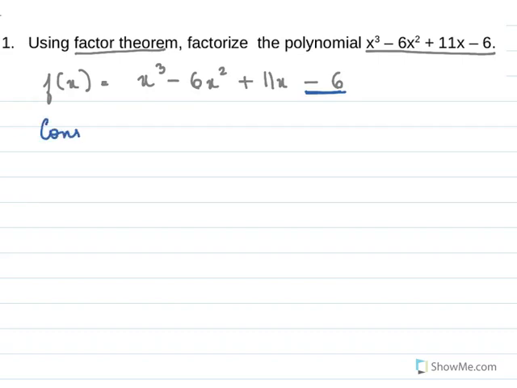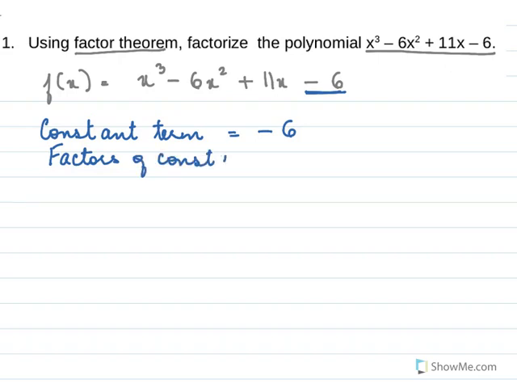So constant term equal to minus 6. And the factors of the constant term, factors of 6 we know is 1, 2, 3, not 4, not 5, and 6.